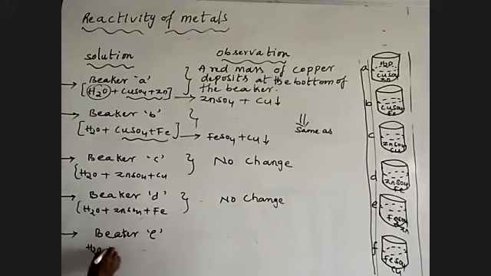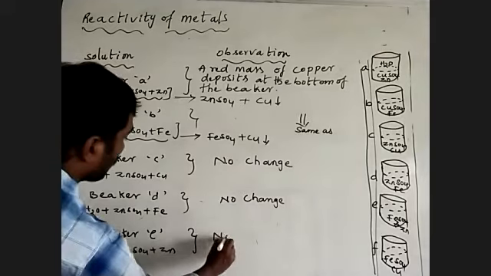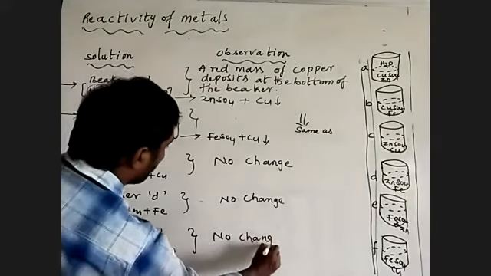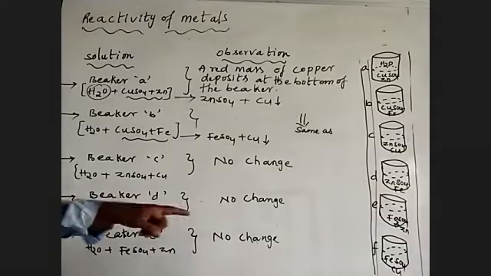Water and zinc sulfate, and in E, iron sulfate is there. Iron sulfate and zinc. From here also we are not getting any observation. It is the same as the substance. In C and D beakers, we are not getting any change. Okay, note this down first. Last one we'll talk about again.